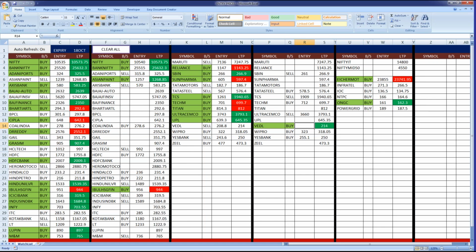So 213.70 is my entry. You can see that it's in profit, and I have a call in SBank. In SBank, I have a buy call. My safe level for entering into SBank is 254. I already have a buy at 255, that is yesterday's price. I will change it to 254.